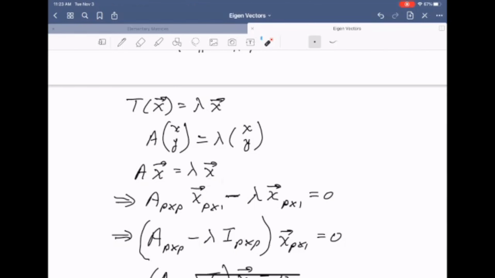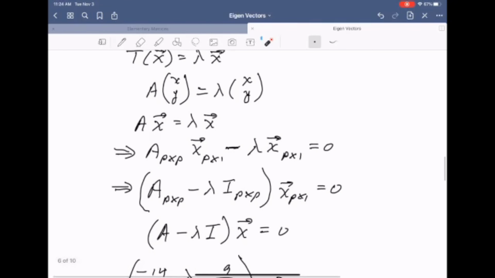So when we bring this part to the other side of the equation, we get A, which is a square matrix, times a vector x1, x2, or xy of dimension p, and the same thing here is this vector here, and we subtract lambda times that vector.